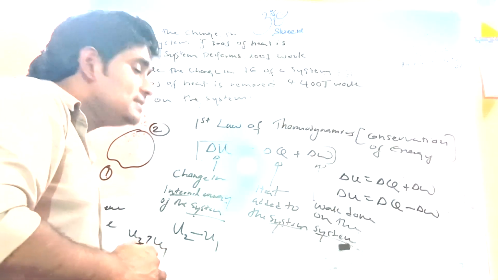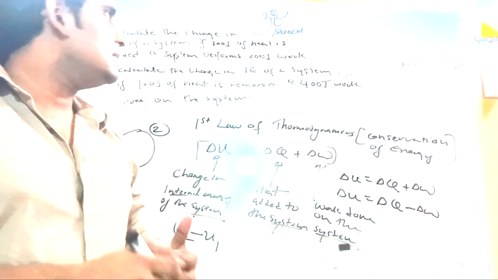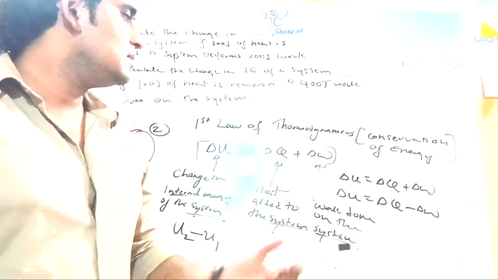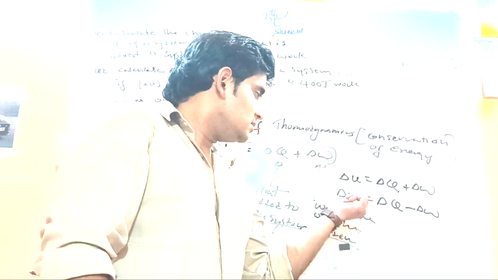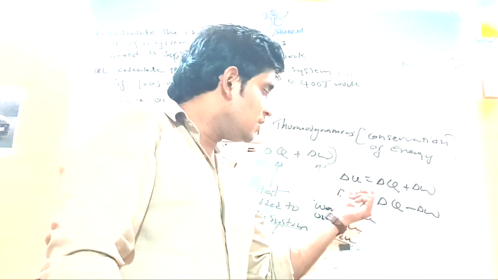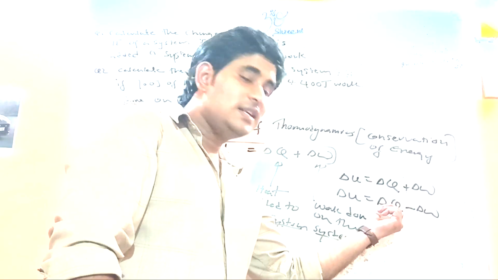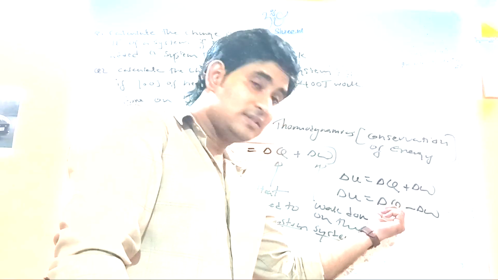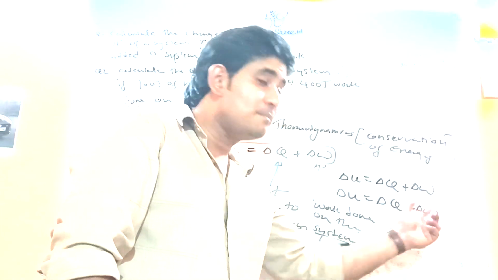When students are going to solve problems, they can use any format. Format 1: the change in internal energy of a system equals the total heat added to the system plus the work done on the system.